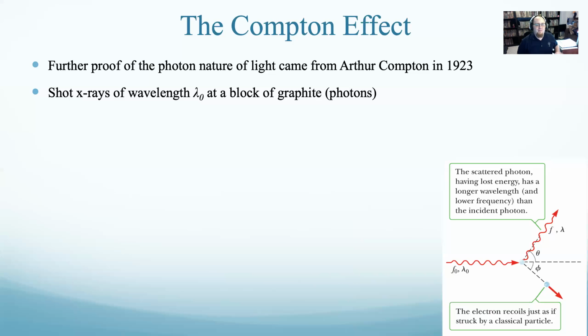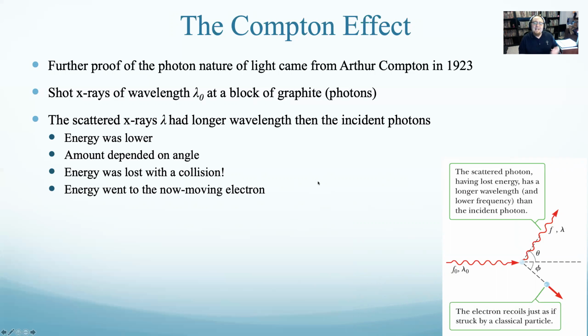Dealing with the stuff we were talking about, X-rays, people saw that if we shot the X-rays at the grid, like we were just saying, right? We're shooting the X-rays at the salt. Well, if they shot the X-rays at graphite, which has a nice crystalline lattice, what they saw is that if it came in with some wavelength lambda naught, the scattered waves had a different wavelength.